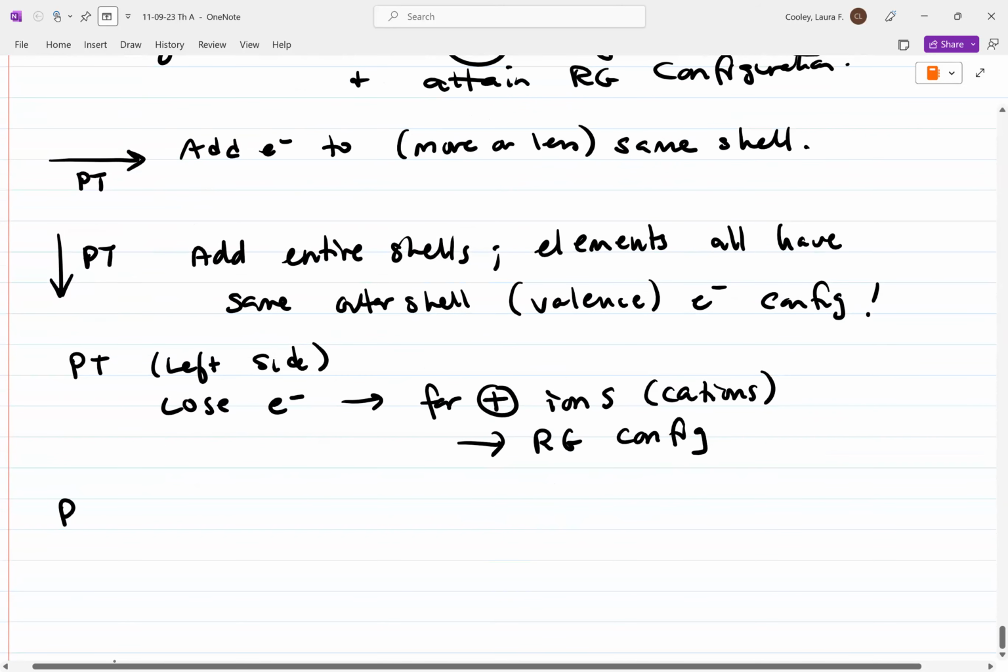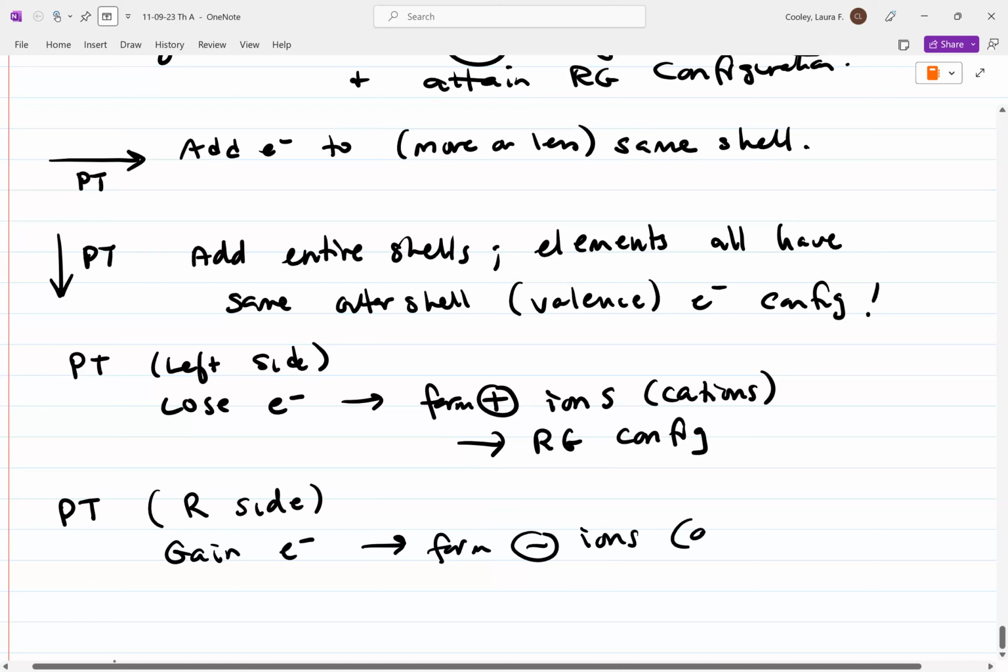And we notice that on the right side of the periodic table, they gain electrons. They form negative ions, anions, and they also get the rare gas configuration.